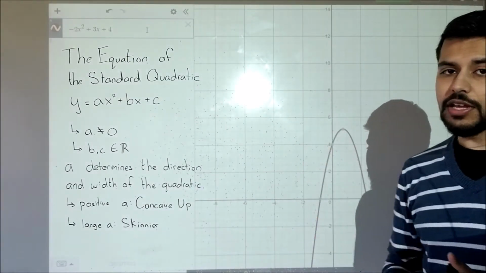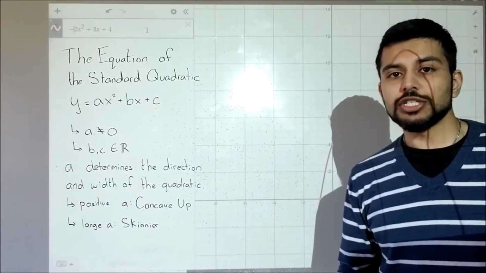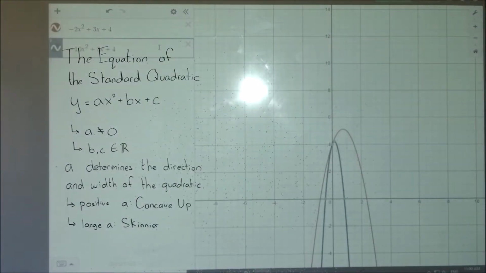Right now our a value is negative 2. I'm going to change it to negative 10. And you might notice, blue graph now, they're overlaid, and the negative 10 a value has a skinnier graph than the negative 2. If I make my value smaller for a, so make it into a fraction, we end up getting a wider graph.